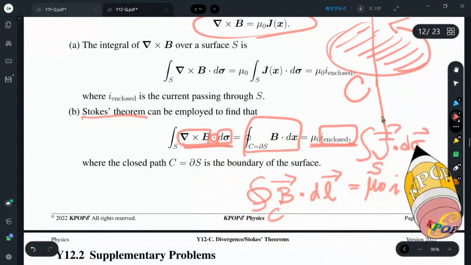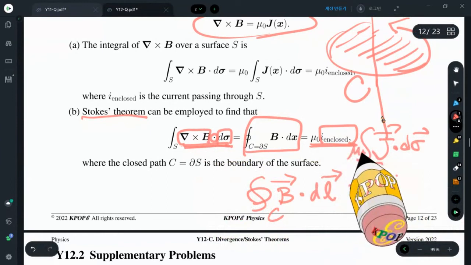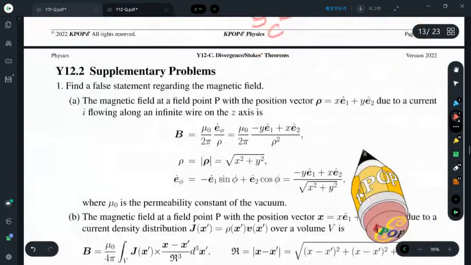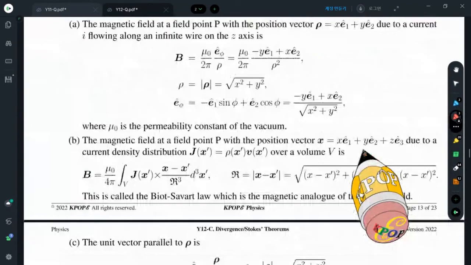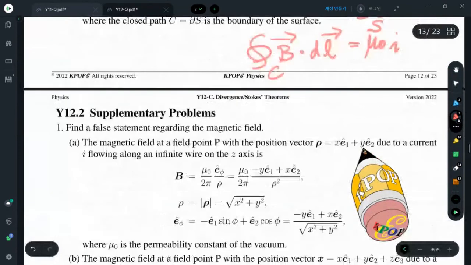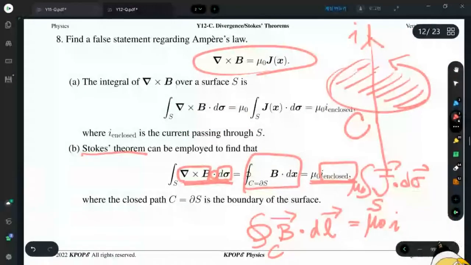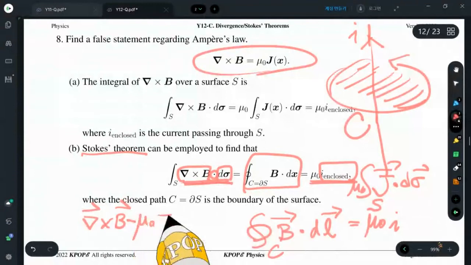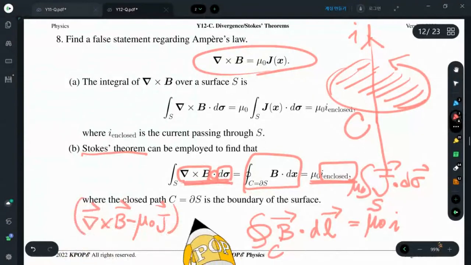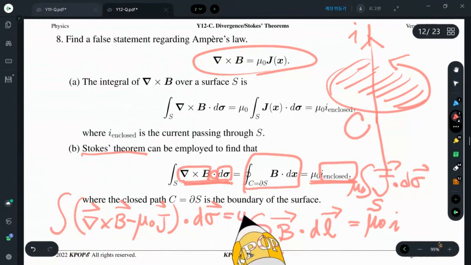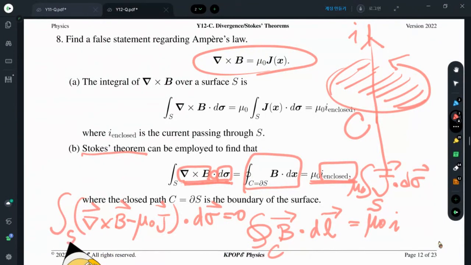Aha, we equate this. Then curl B minus mu 0 J, dotted with this sigma, equals 0, whatever surface it may be.